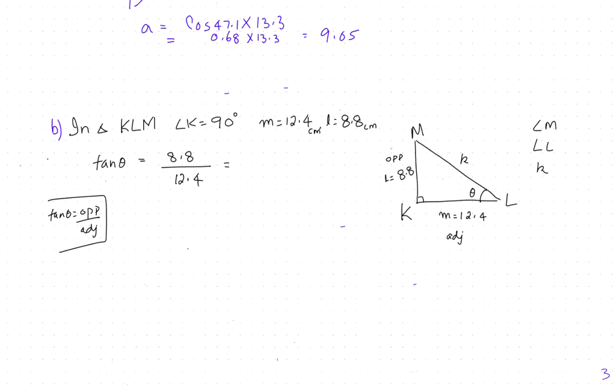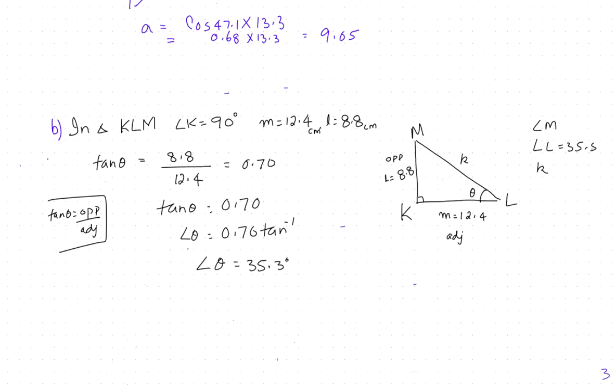So tan theta equals 0.70. So angle theta equals tan inverse of 0.70. Tan inverse comes to 35.3. So we know angle L is 35.3 degrees.